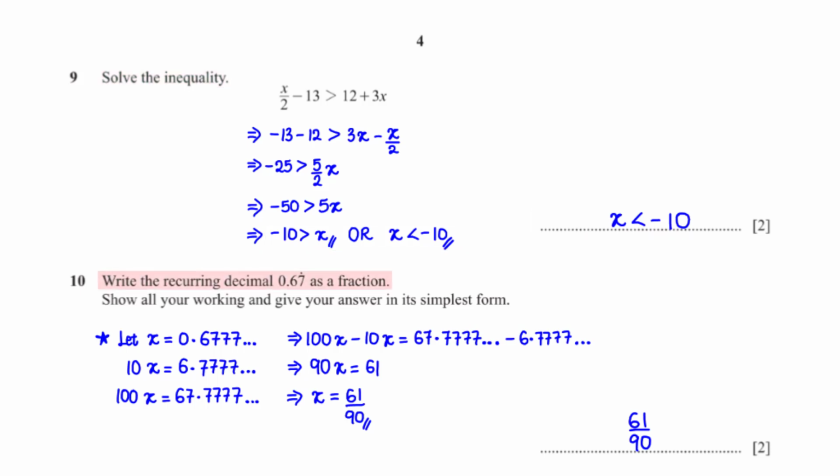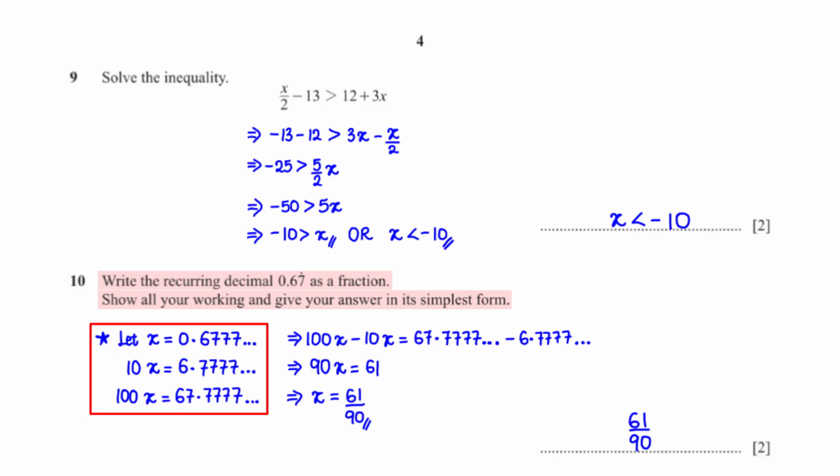Write the recurring decimal 0.6777 as a fraction. Show all your working and give your answer in its simplest form. Let x be the recurring decimal 0.6777. When we multiply x by 10, this is what we get. And when we multiply x by 100, this is what we get. Note that 10x and 100x have the exact same pattern after the decimal point.